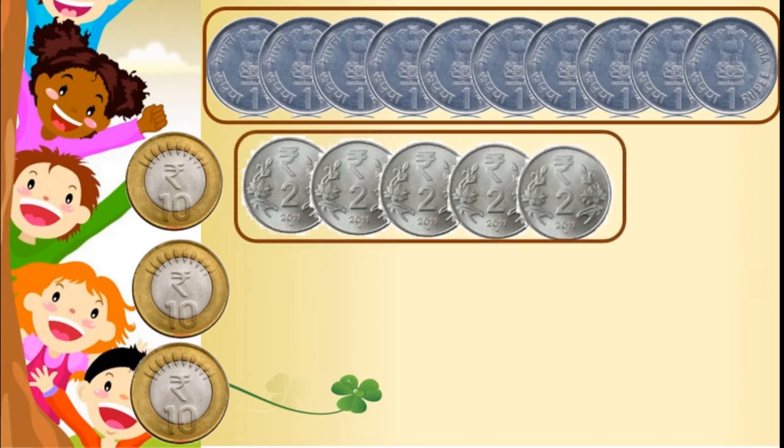Yes, he gave me 5 coins of 2 rupees. What this means? 2 plus 2 plus 2 plus 2 plus 2 is equal to 10. Yes, you are right, Raj. This 10 rupees for you. Okay. Thank you, Raj.